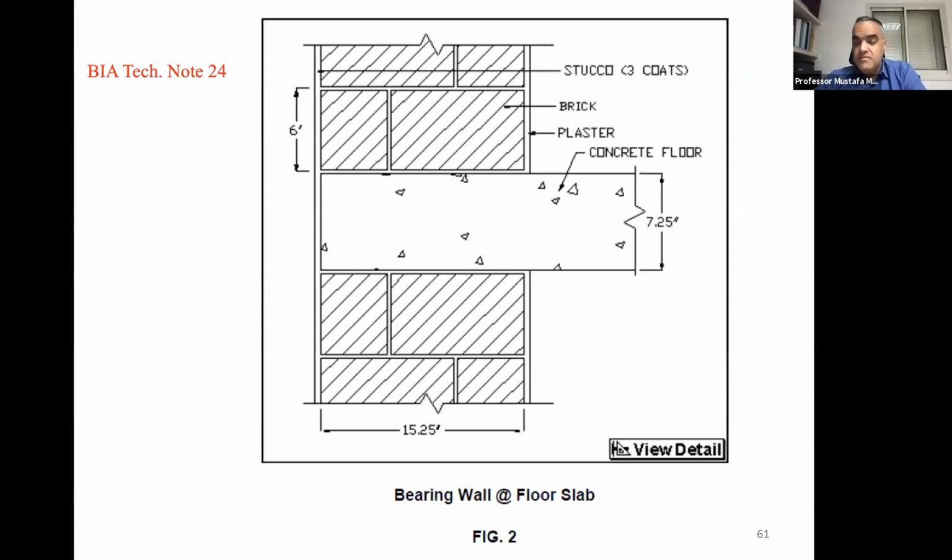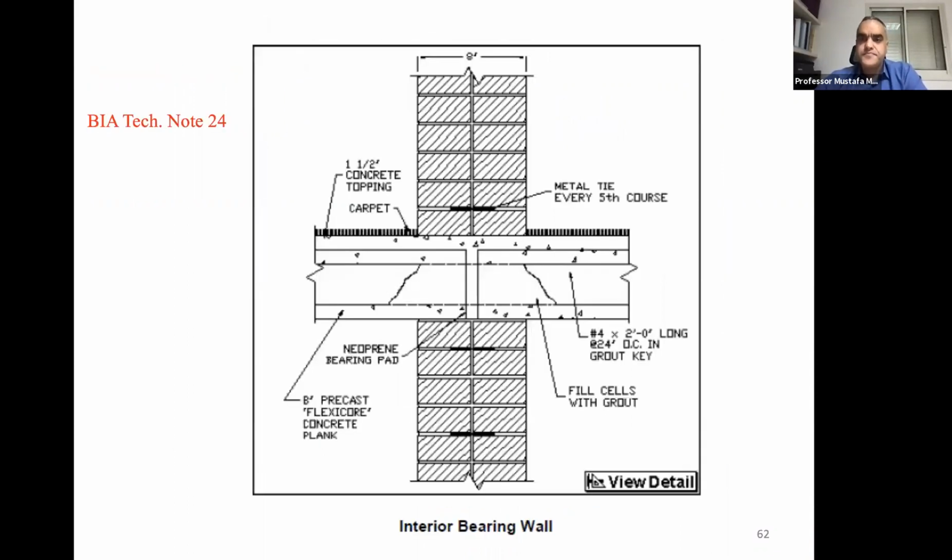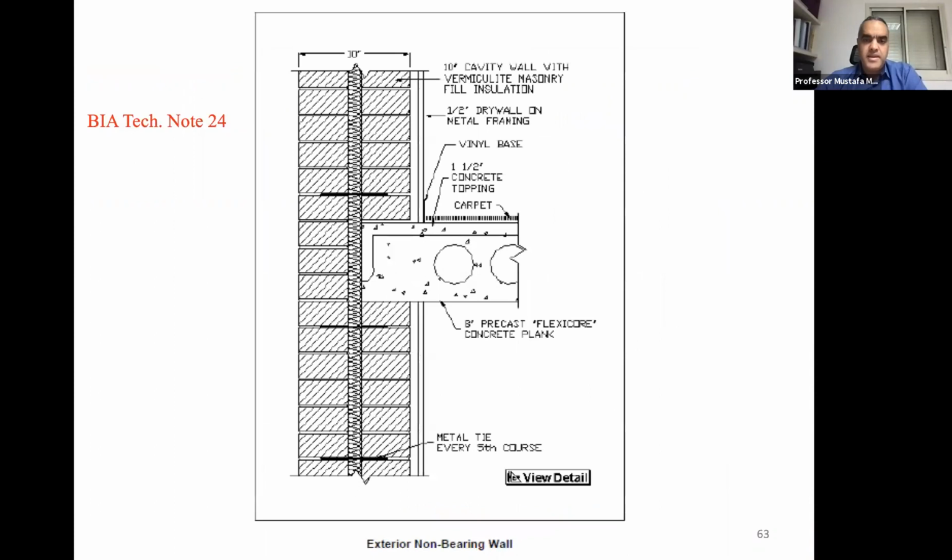So you have to understand how, maybe there are no drawings, but you'll get an idea about how these walls actually supported the floor. So different scenarios here. Again, this is brick, and brick with precast. That's precast on the other direction. That's not the span direction. It could be steel joists, okay?